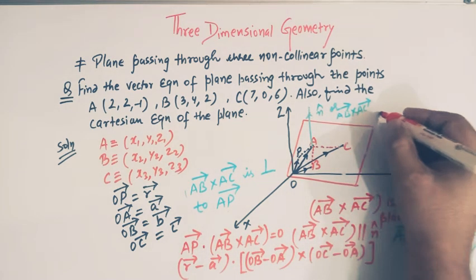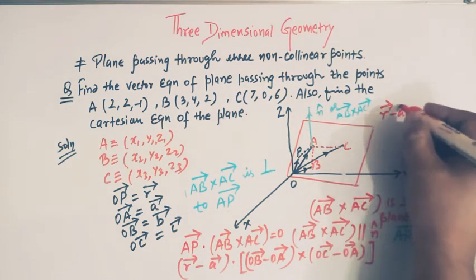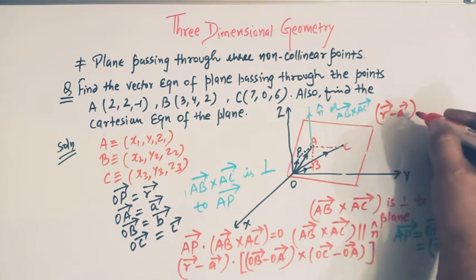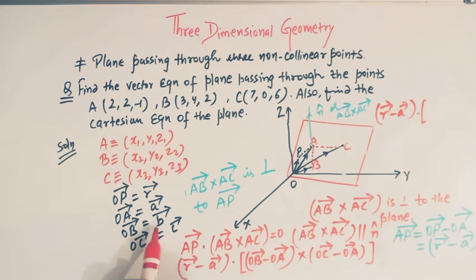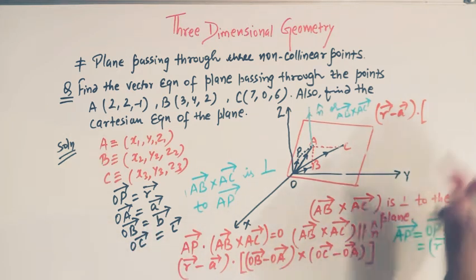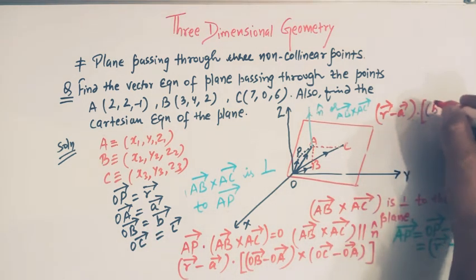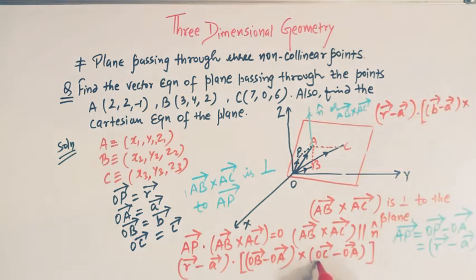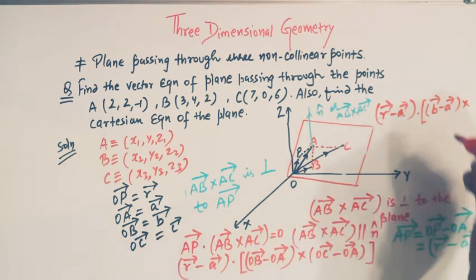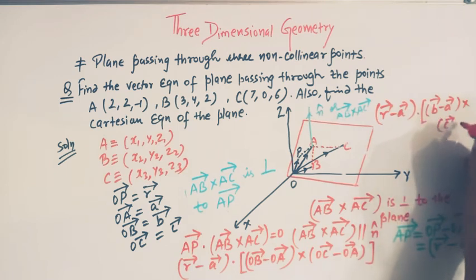So this expression can now be written as vector R minus vector A, dot, and here we have OB as vector B, so it is vector B minus vector A, cross, and then OC is vector C, so vector C minus vector A, equal to 0.